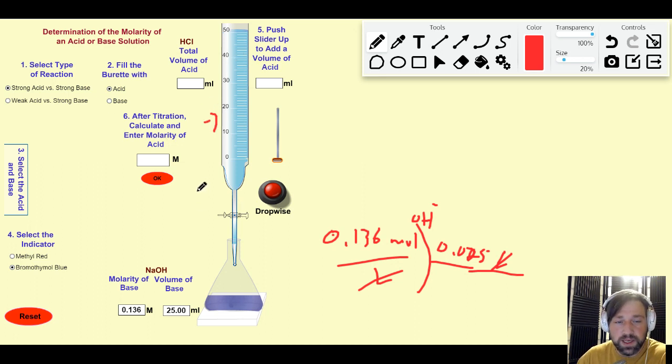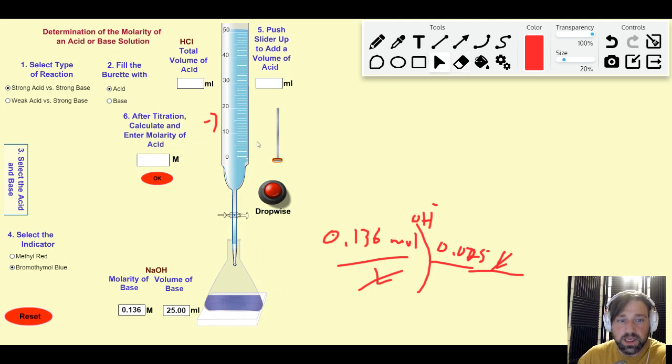We don't know what it is. So what we're going to do is start filling this up until we see a change here. We know that change is going to be pH 7. Then we can stop and do the calculation to figure out what this molarity actually is.